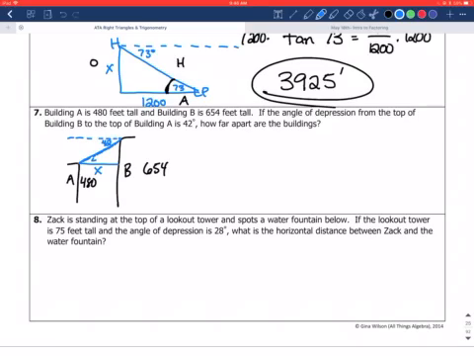Okay, so we've got this triangle. We know that this will also be 42. And we know that it's a right angle, but we need to find this other measurement right here. We need to find the difference between the buildings. How much taller is building B than building A? So when you subtract them, that will be 174. I'll do it in blue.